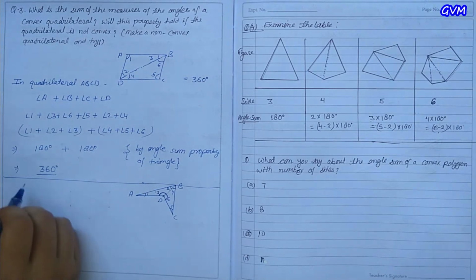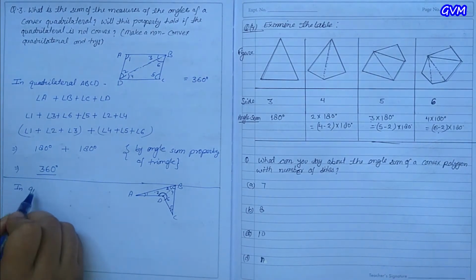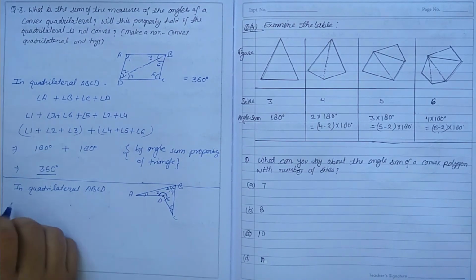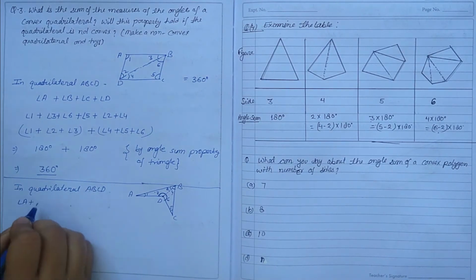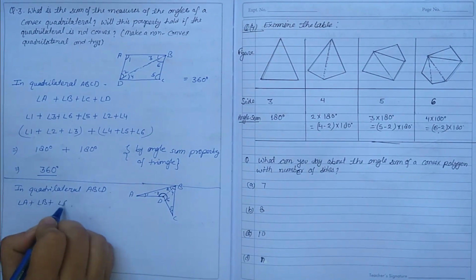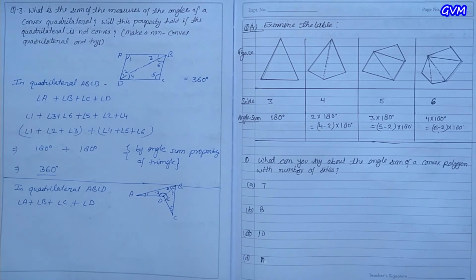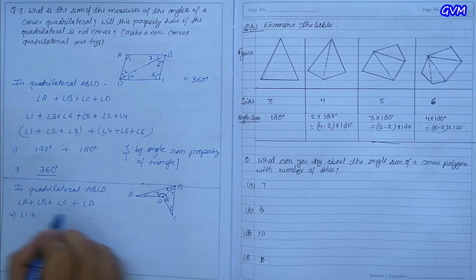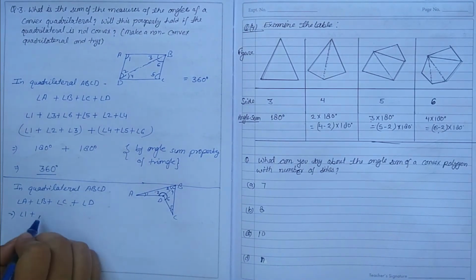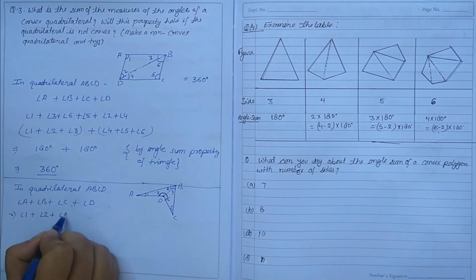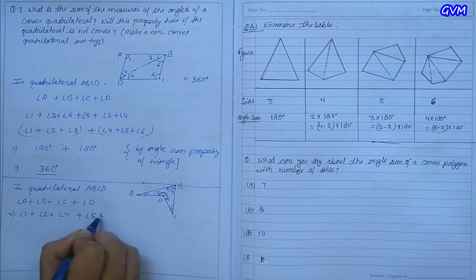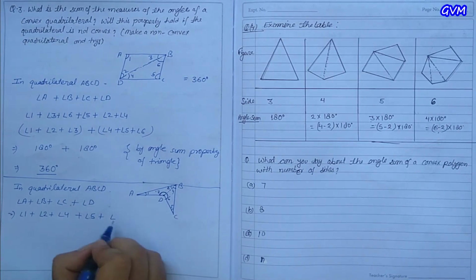Now in quadrilateral ABCD, angle A plus angle B plus angle C plus angle D, just like we have done before. So angle A is angle 1, angle B is angle 2 plus angle 4, angle C is angle 5, and angle D is angle 3 and angle 6.